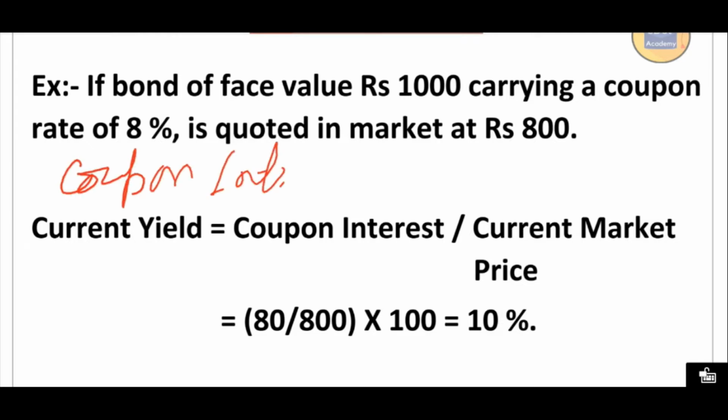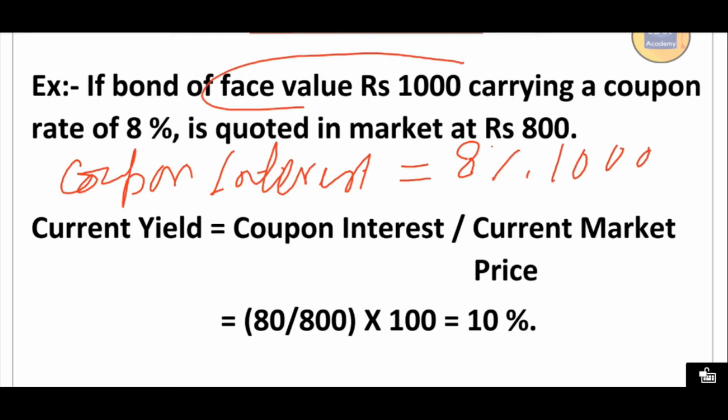So coupon interest is 8% of 1000. Coupon rate is always calculated on the face value, keep in mind, not on the market value. So 8% of 1000 will give you 80 rupees. Understood?